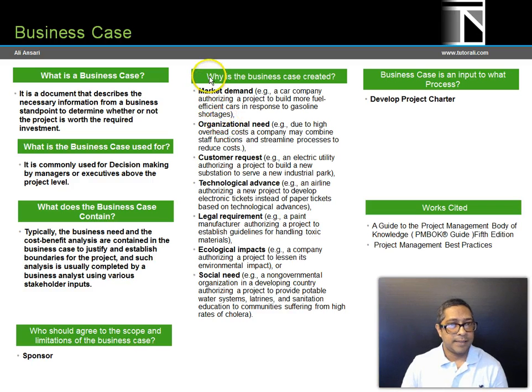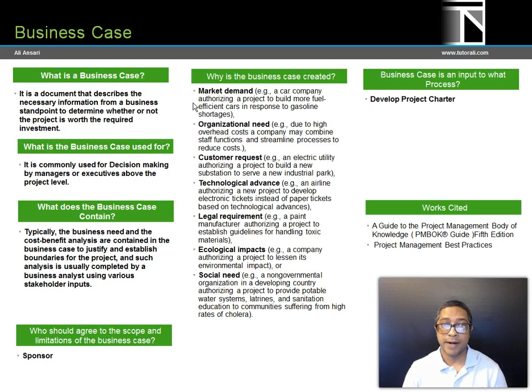Now, why is the business case created? Now, what are the reasons of creating a business case? Okay, now it's basically what are the reasons to go ahead with the project. So there are a few things. One of the things is the market demand. For example, a car company is authorizing a project to build more fuel efficient cars in response to the gasoline prices.